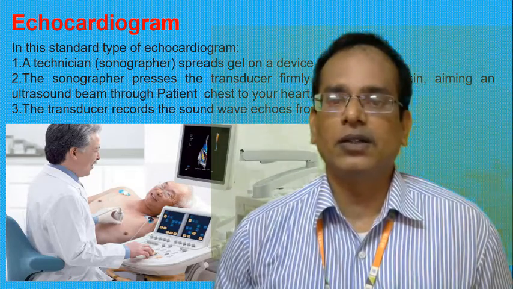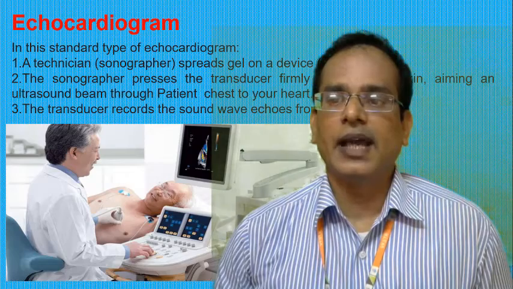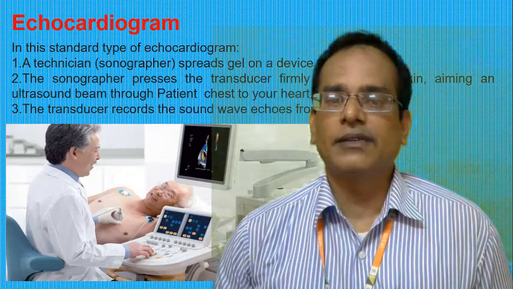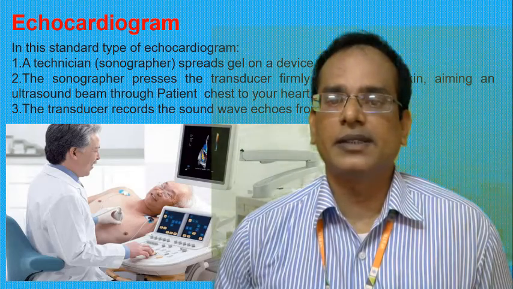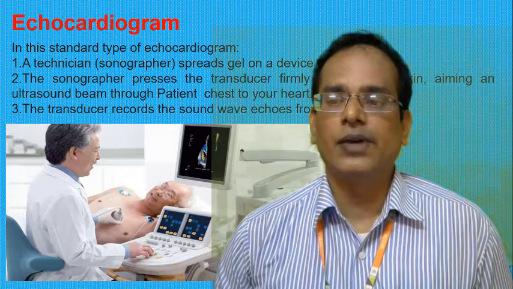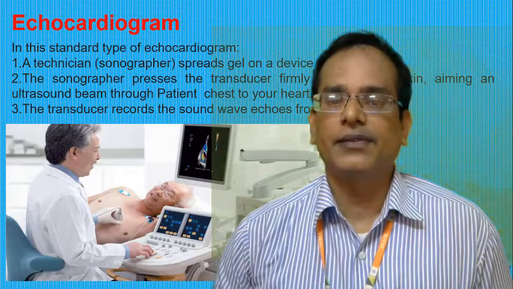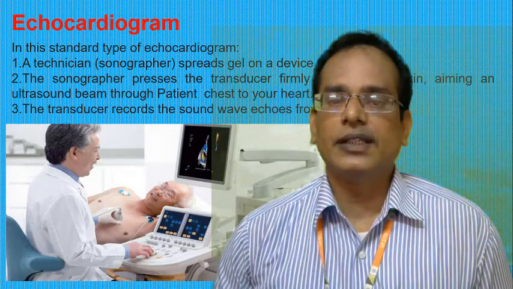Depending on what information doctors need, the patient may have one of several types of echocardiograms. Each type involves a few steps, and if any risk takes place, they can view it.